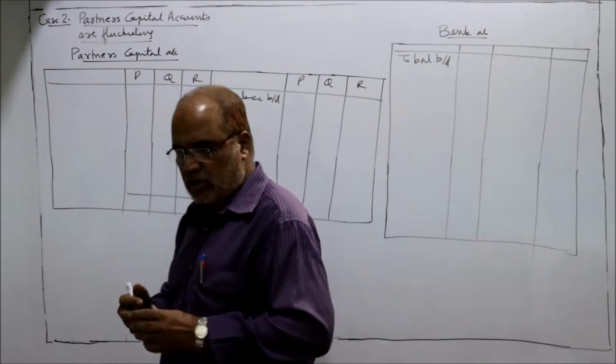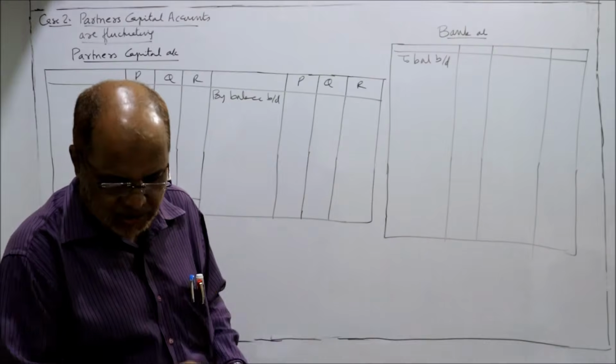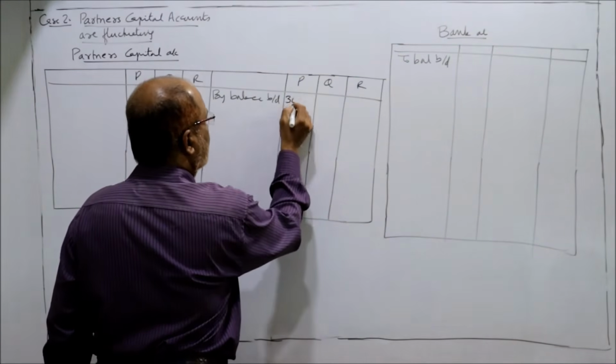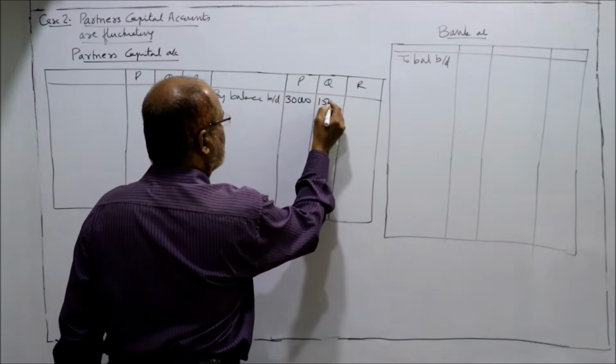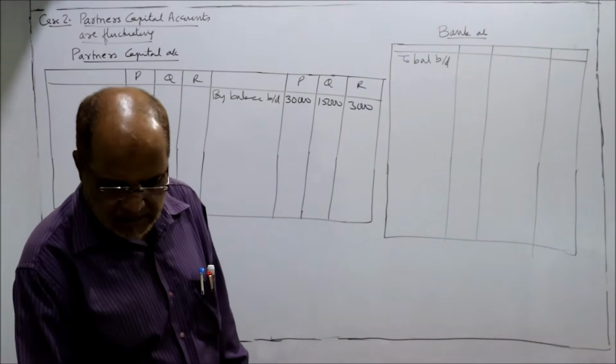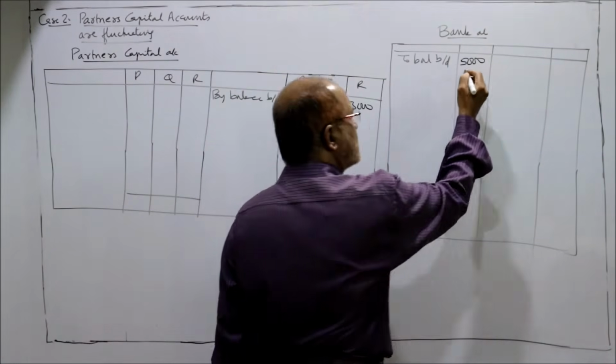Now, see here, by balance brought down. What is the old balance as per the balance sheet given? Partners' capital 30,000, 15,000, 3,000. Now, bank balance is 5,000. The balance sheet gives bank balance 5,000.